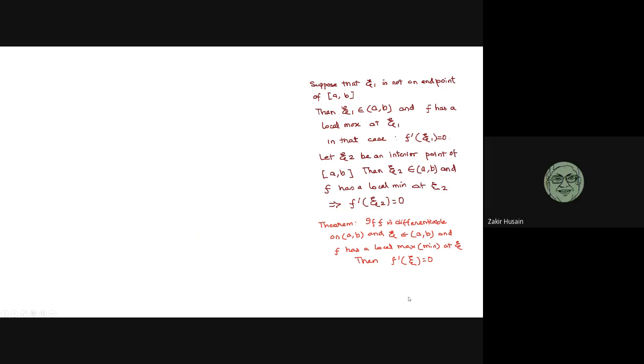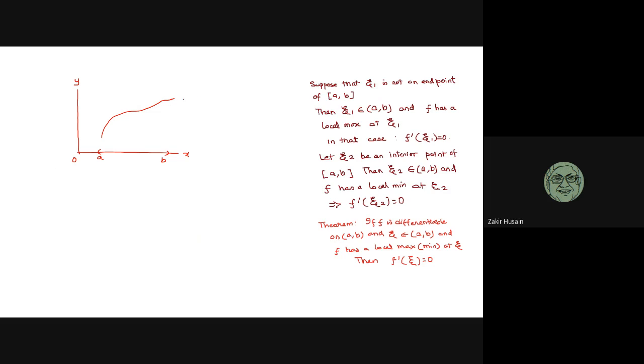Okay, what I'm saying is that we have a function, we have an open interval over here, and the function is differentiable in this boundary. So it is differentiable on all points within this range.